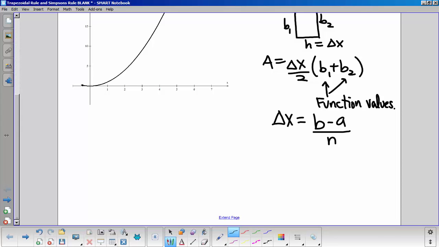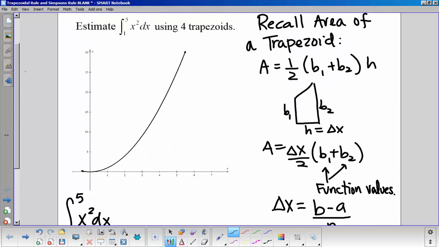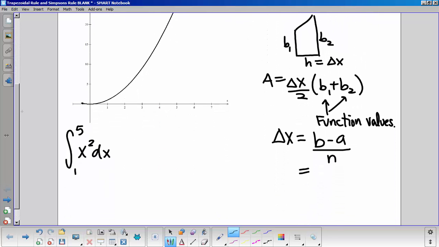In this case, we're approximating the integral from 1 to 5 of x squared dx. So our a is 1, our b is 5, and the number of trapezoids the problem stated was 4. So this would be 5 minus 1 over 4, which is 4 over 4, which is 1. So our delta x is 1.